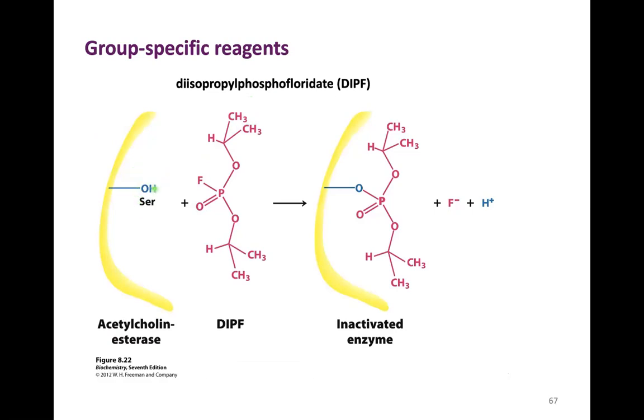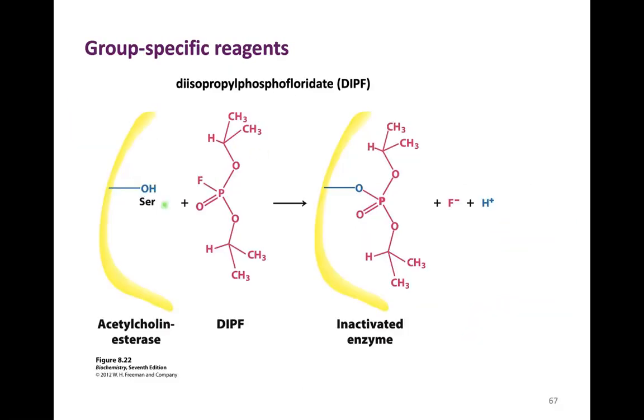So with the group specific reagents, you have serines, for example, with the hydroxyl group, and it interacts with this molecule DIPF to generate the leaving group of a fluoride, covalent modification, death to the enzyme. But it's not specific for which serine, which enzyme necessarily. If that reagent can get into the active site, it's going to kill it.